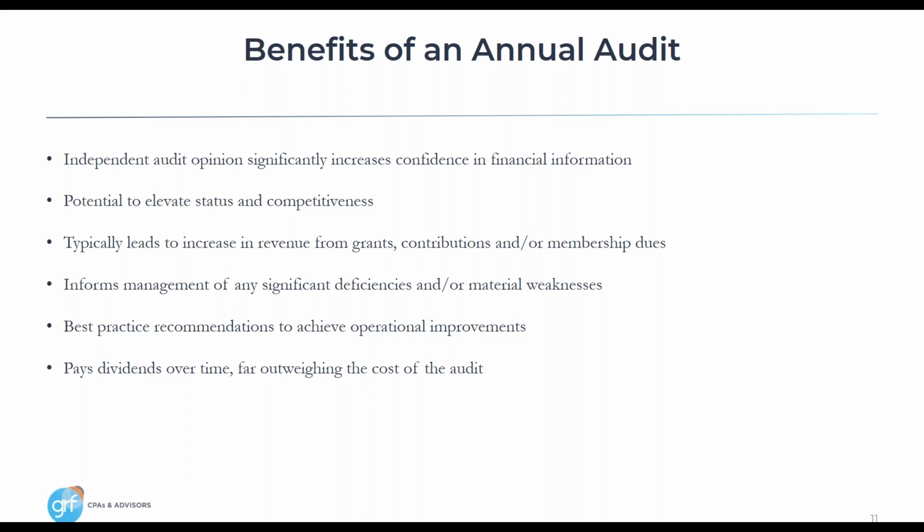But in addition, the auditors will be able to provide best practice recommendations to do with internal controls or operational improvements. Overall, the audit is an investment in your entity and an investment which will pay dividends over a significant amount of time, and those dividends will far, far outweigh the cost of having that audit performed.